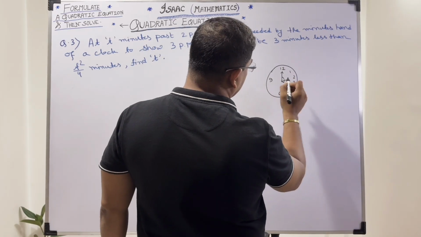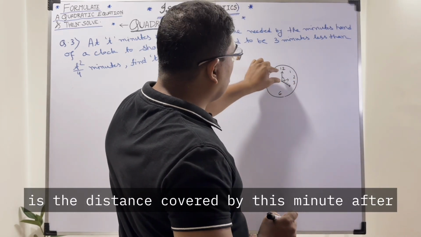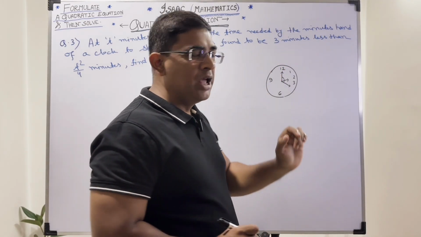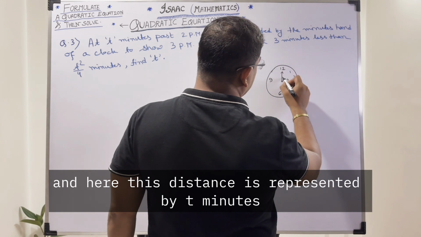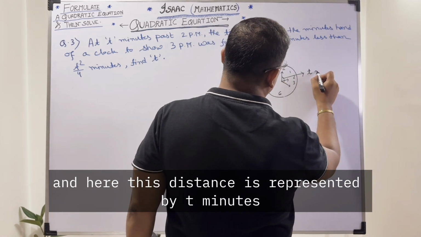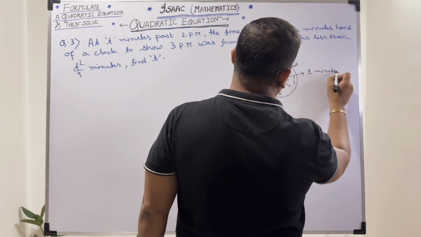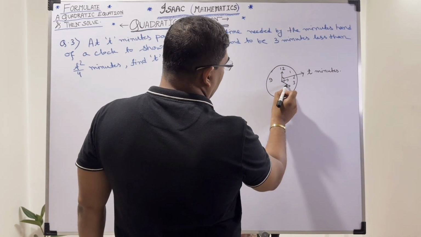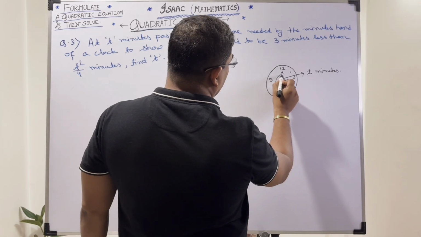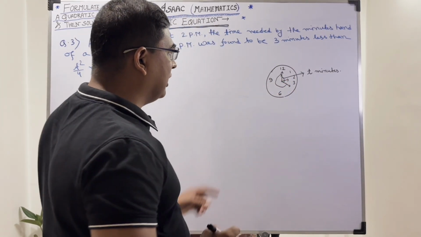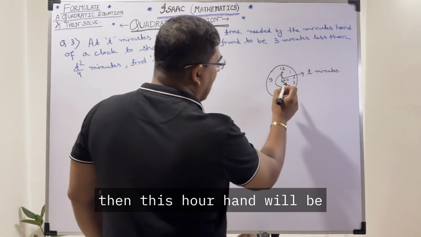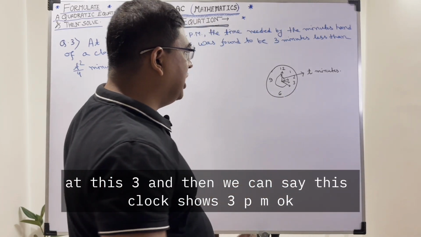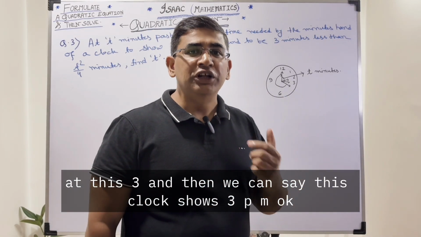So this is the distance covered by this minute hand after showing 2 p.m. and here this distance is represented by t minutes. Okay, so when this minute hand will be again at the 12, then this hour hand will be at this 3, and then we can say this clock shows 3 p.m.